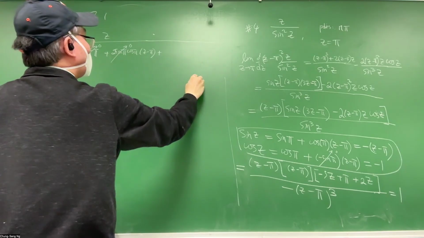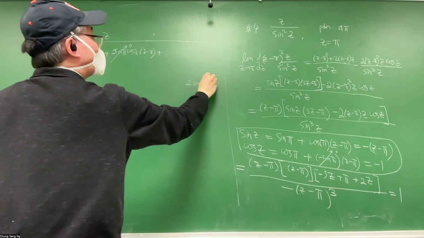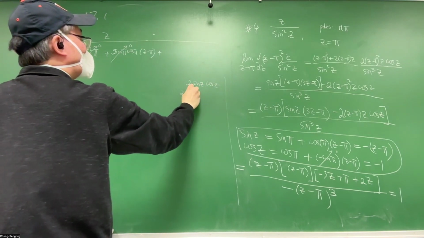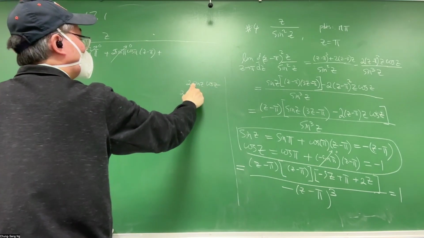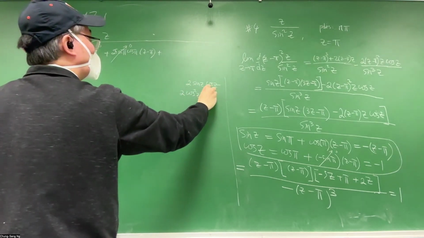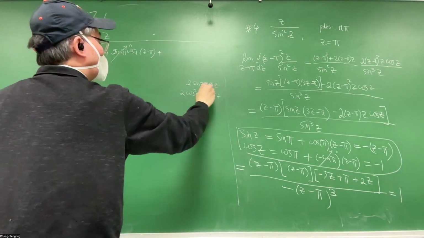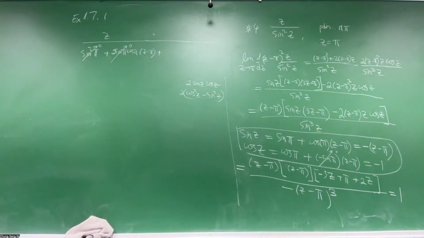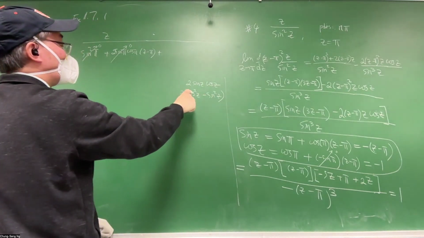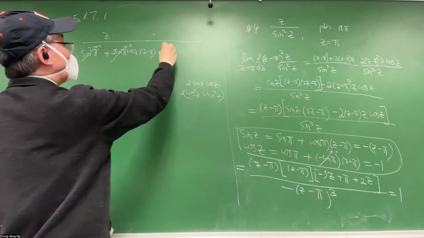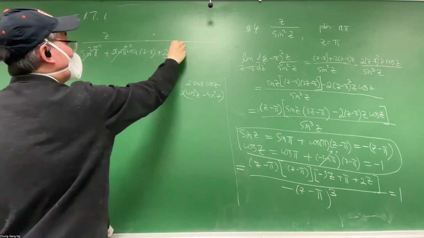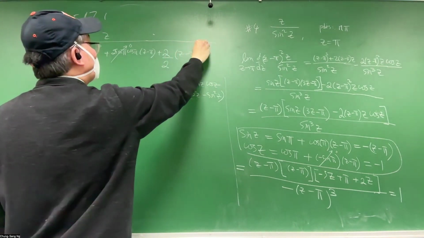I can't do it without one more step. So two sine z cosine z, right? We take the derivative: two sine cosine square minus sine square. Evaluating at pi, this is 0, this is minus 1 squared is 1, equals 2, and divided by 2 factorial is 2, so minus 1 squared.